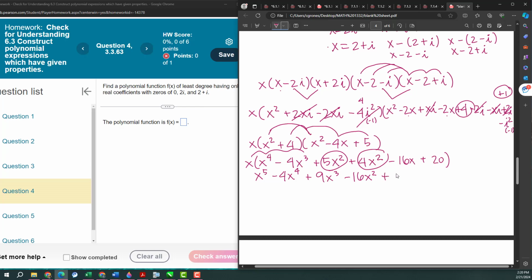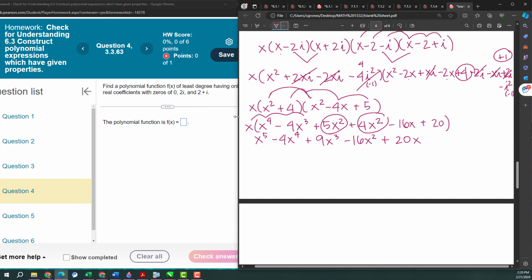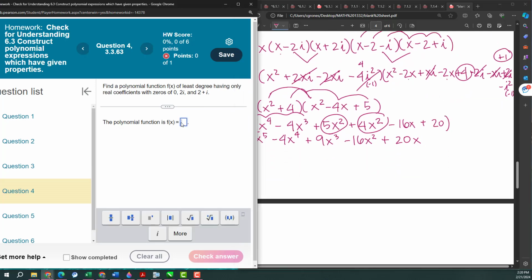And then plus 20x. All right, so this is what our answer is going to be. We've got x to the 5th minus 4x to the 4th plus 9x cubed minus 16x squared plus 20x.